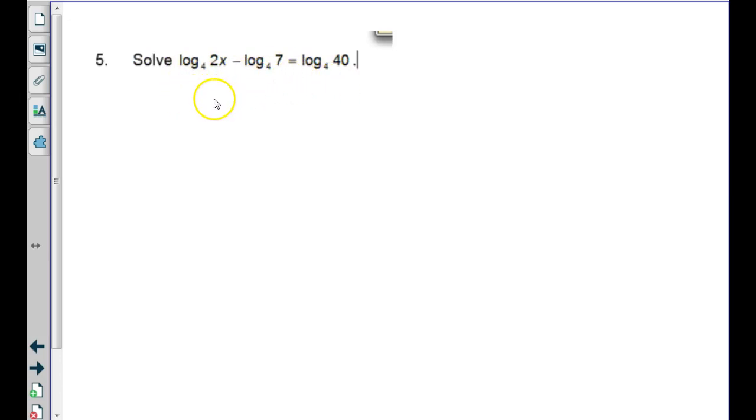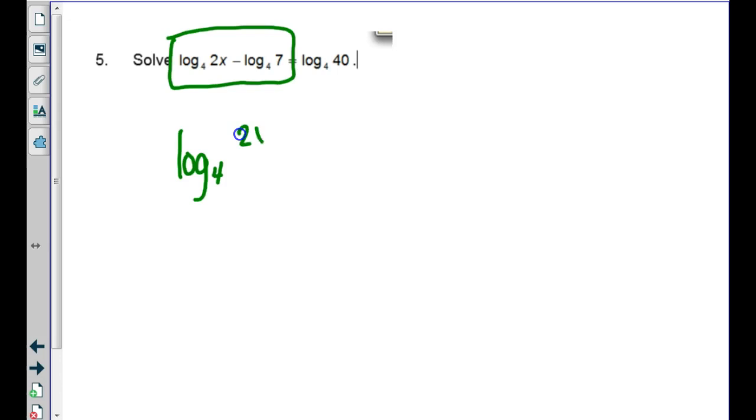What do we have to do here? Okay, condense. Quotient rules, or yeah, it says that you can take these that are currently minus and combine them as a division. We don't really need to exponentiate this one.